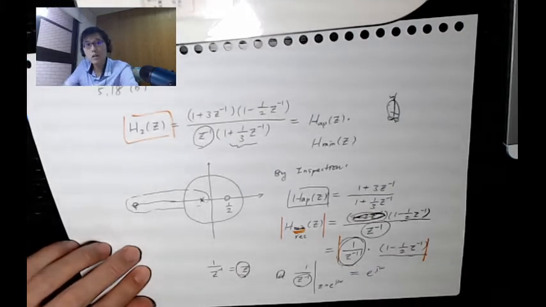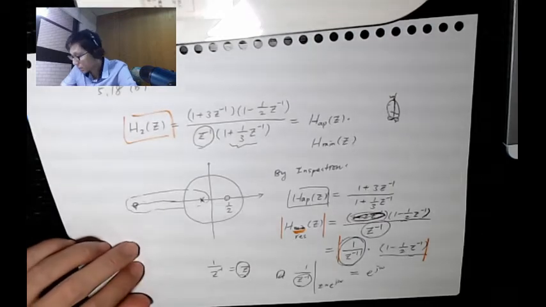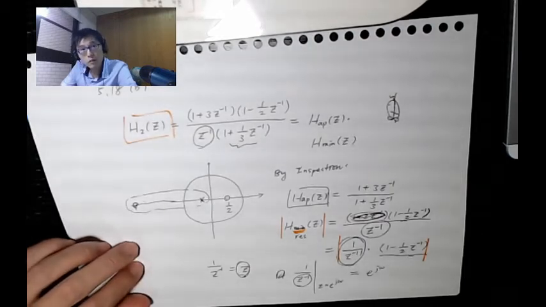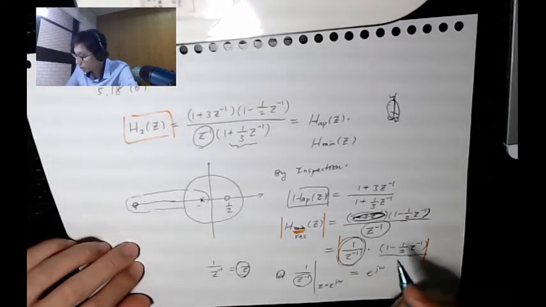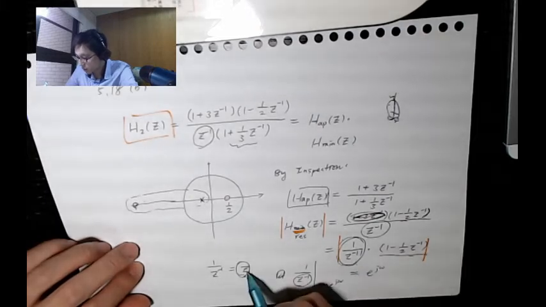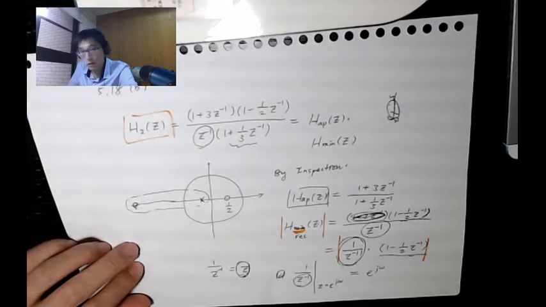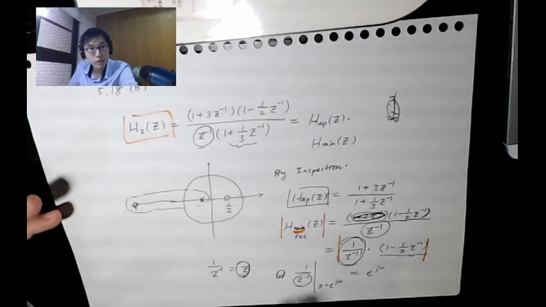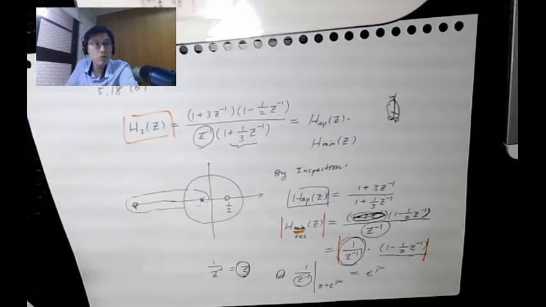So this is tricky. If you take this as a 0 at 0, then we satisfy the criterion that all the zeros are inside the unit circle, and there's no pole.